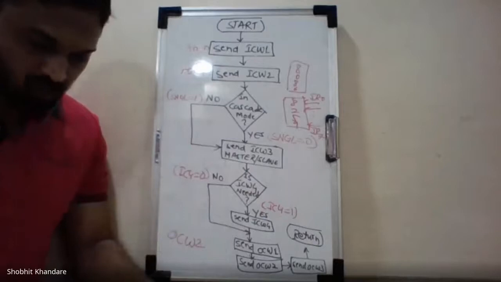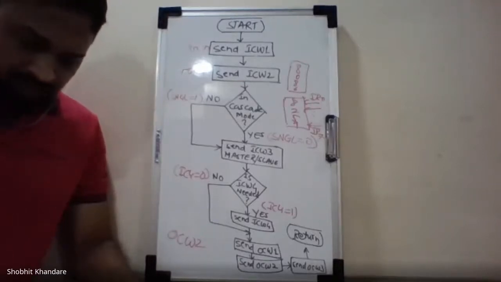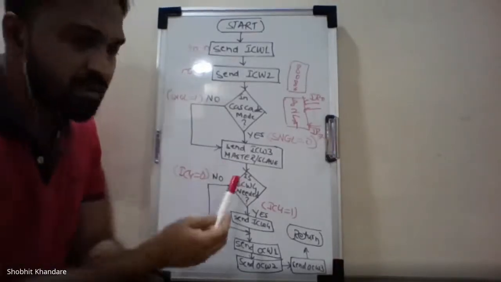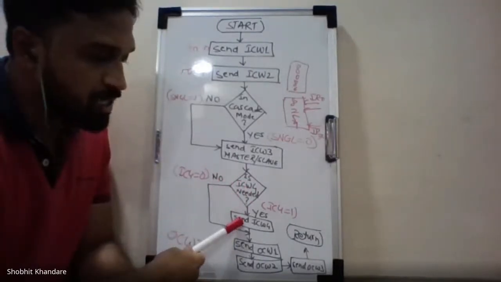So I want everyone to see the format for ICW4. ICW4 is a format where you will be seeing the special fully nested mode or buffered, non-buffered, whether you are selecting 8086 or 8085. Okay, so everything will be taken care. अगर आपको लगता है कि चाहिए तो ICW4 will be sent.